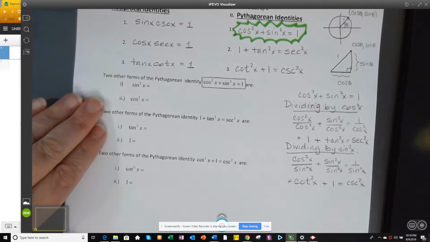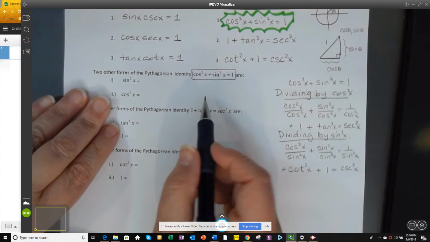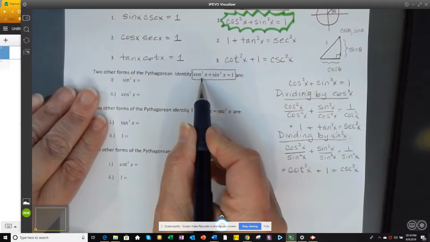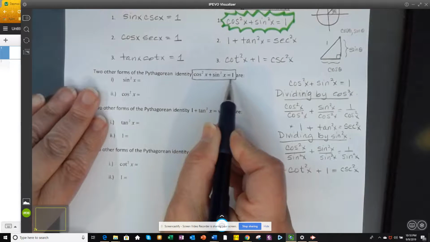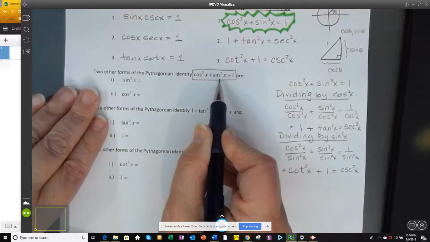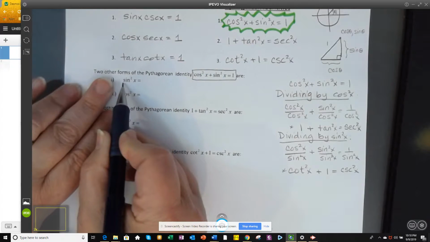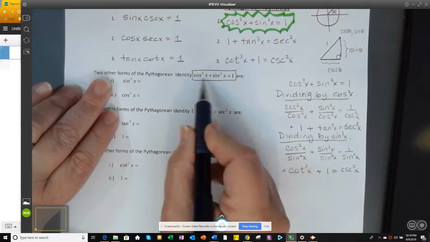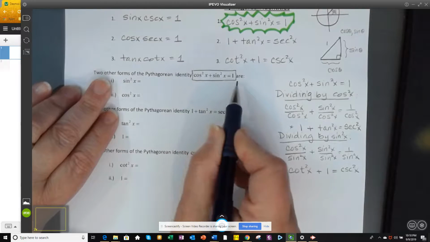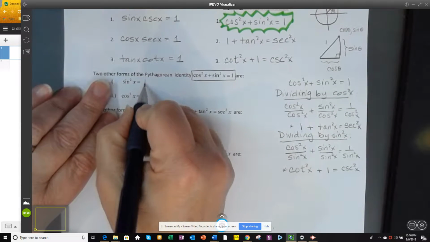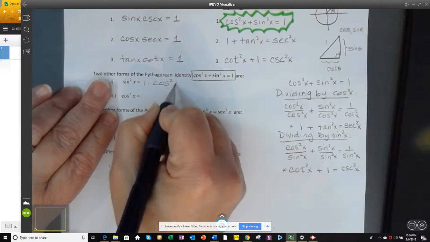All right. Now let's get back to the big one, which is cosine squared x plus sine squared x equals 1. And what if we decided to take this equation and solve for sine squared? Well, in order to solve this equation for sine squared, I would subtract cosine squared from both sides and get 1 minus cosine squared x.